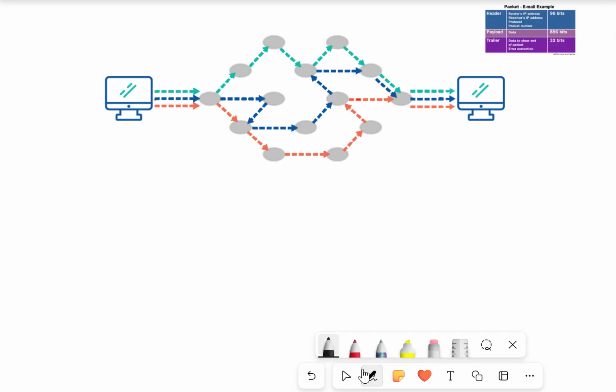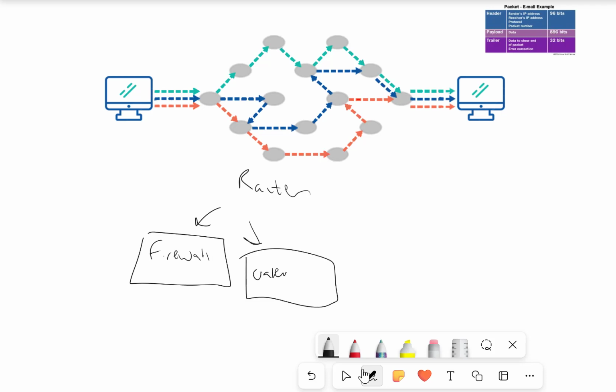So an important device in this whole situation is the router. Why do we need routers though? So I'm going to have a quick overview on why we need routers. Well, not only can routers act as a firewall, not only can they act as a gateway to the internet, but they also allow for LAN and internet to communicate, especially as we're using different protocols.